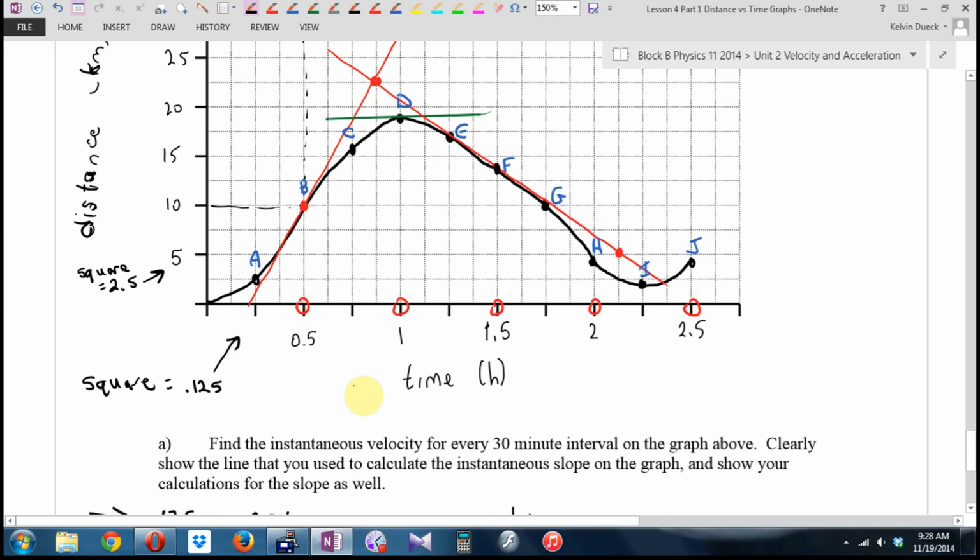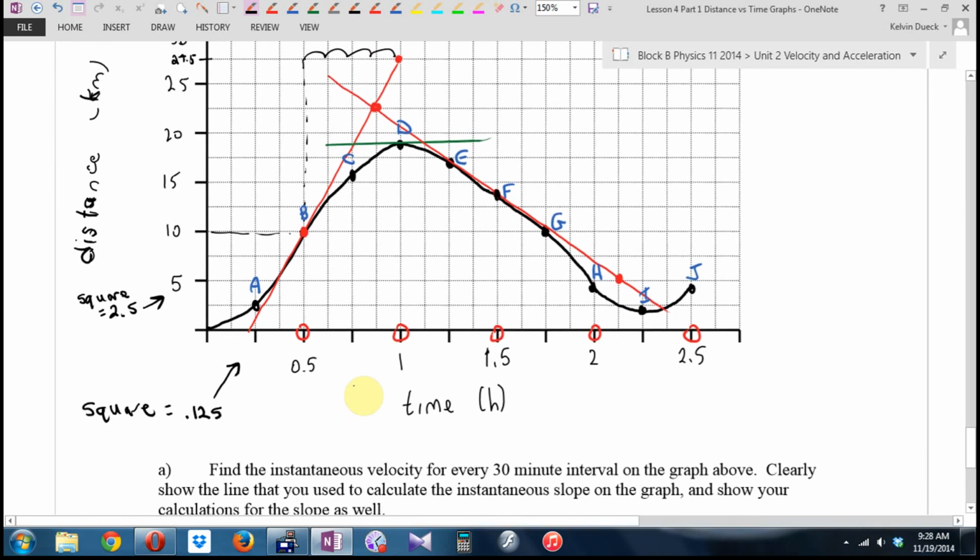Let me double check. I could be wrong. So let me unfreeze my screen. I'll show you what I did here. So here's my line, this long red one. I used this point because it went through a grid line nicely. And I went, midair, midair, midair. Ah! Goes through that one down there, my line. So I said, okay, what's my rise? 1, 2, 3, 4, 5, 6, 7 squares.